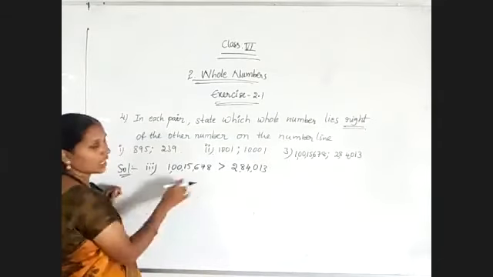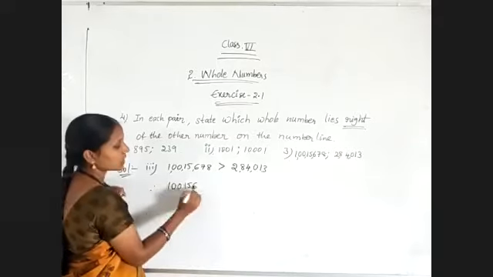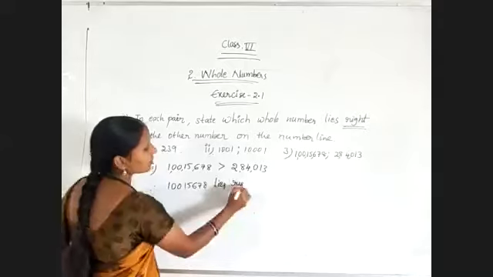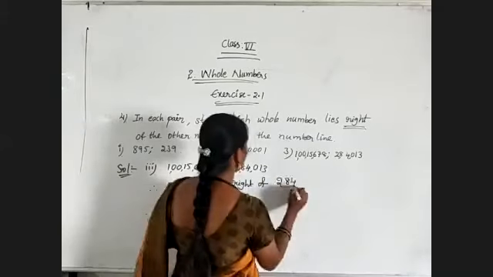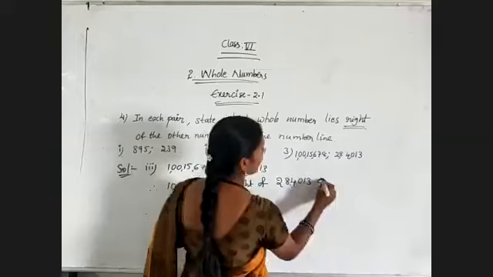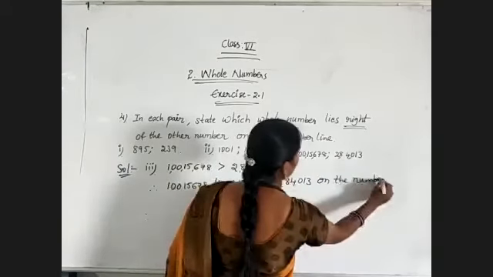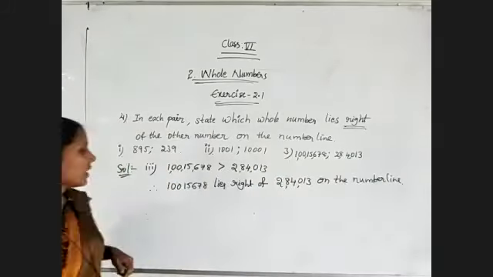This one only greater value. Therefore, 1,15,678 lies right of 2,84,013 on the number line. So that's all. Very simple.